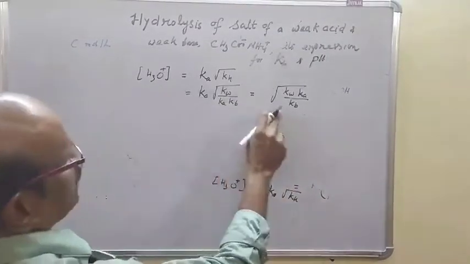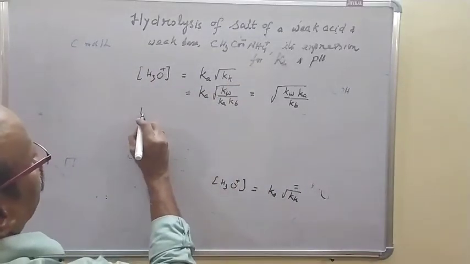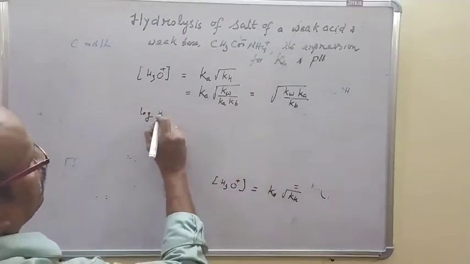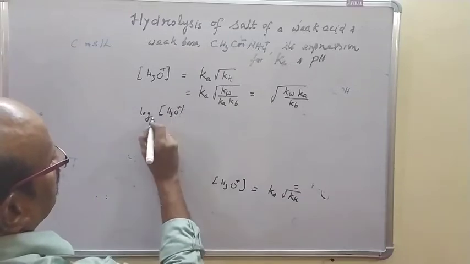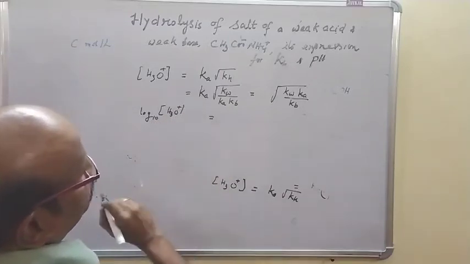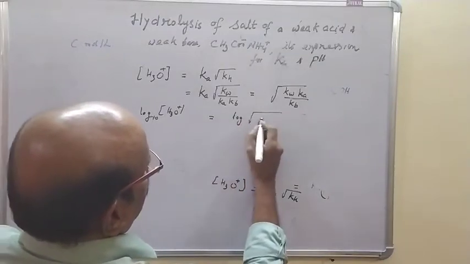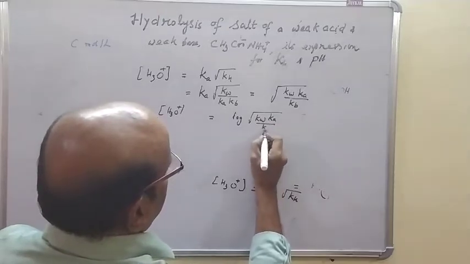So KH, H3O plus is like this. Taking the logarithm on the left and right side, log H3O plus to the base 10 is equal to log square root of Kw Ka by Kb.